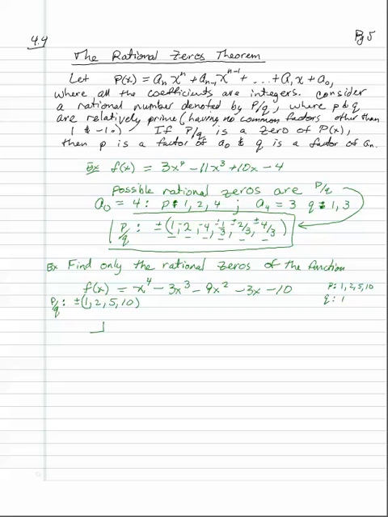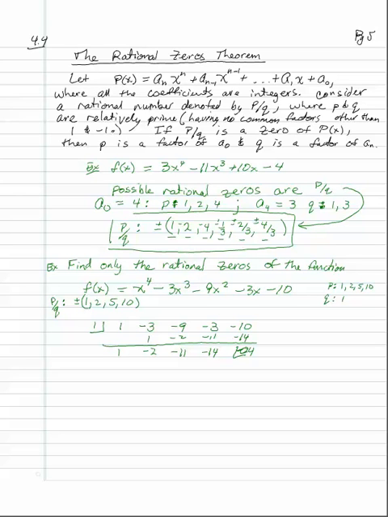So let's start with 1. In descending order, we're going to do the synthetic division. So 1, negative 2, 1 times negative 2 is negative 2, and that's not going to work. So 1 doesn't work.